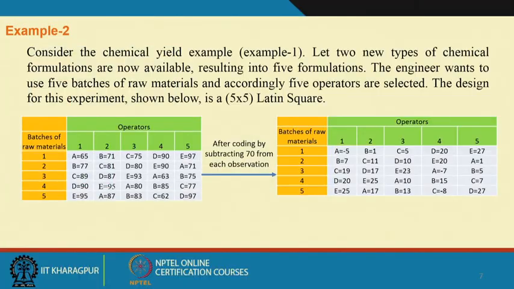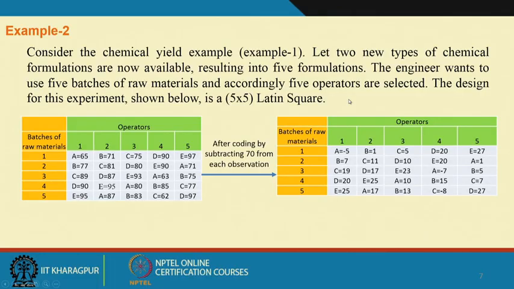Suppose there are 2 new chemical formulations available. Apart from these 3, 2 more new chemical formulations are available in the market, and the company says that these 2 new chemical formulations give better results, that is, if you use them the process yield will be better than with the existing ones.